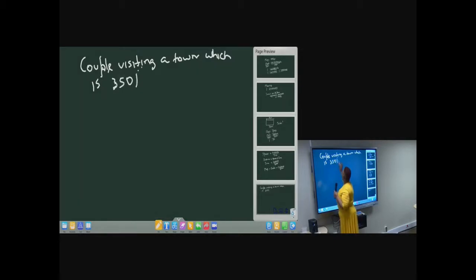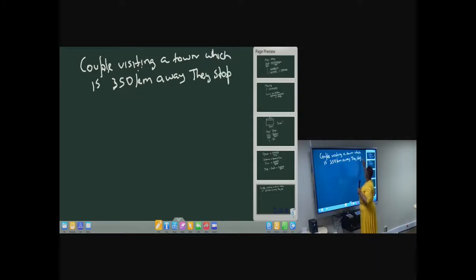This is a familiar question. In fact, it may not be familiar to you, but it's a question which is asked almost all the time. There will be a question where you need to use this formula. And then they stop for 30 minutes.